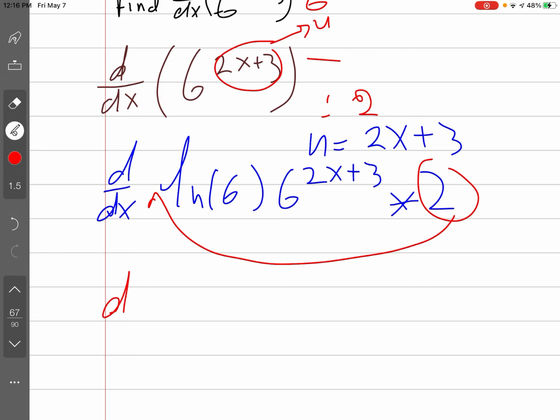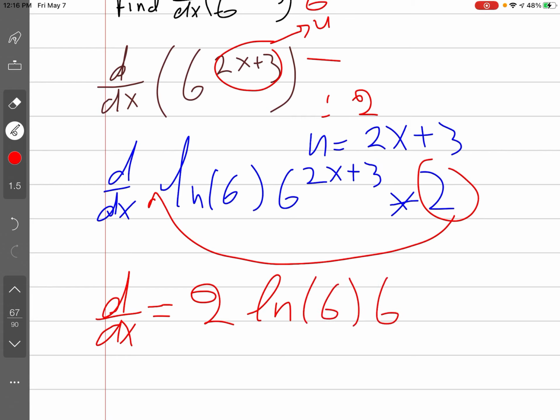Now I will say d over dx equals 2, because of the natural log, this is my natural log, and also 6 to the 2x plus 3 power.